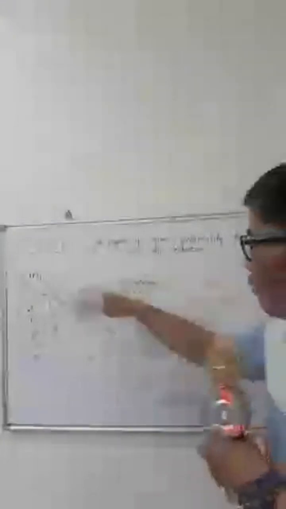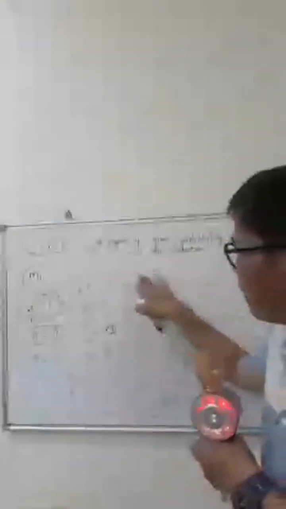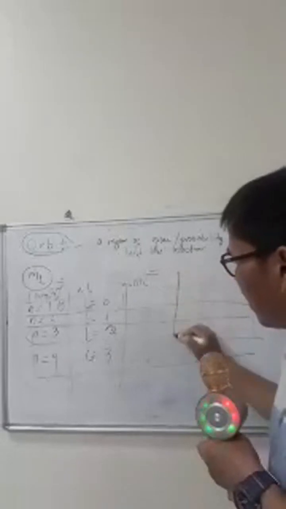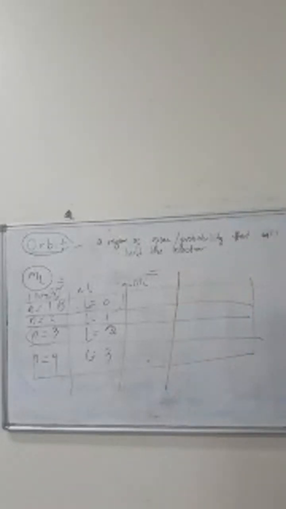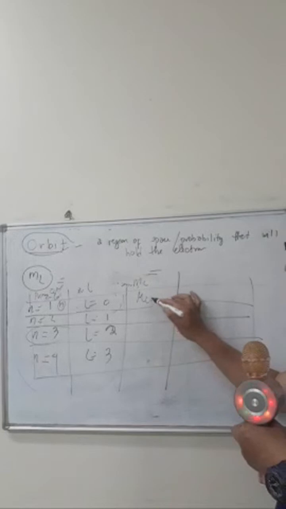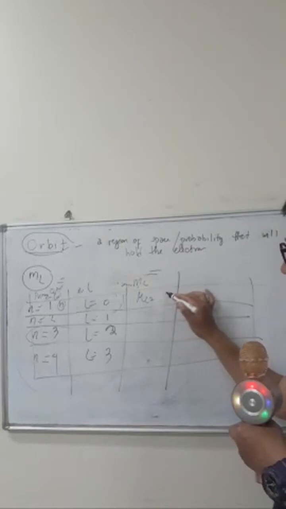Your answer will be 0. Okay, so now we go to the ML. Now go back to our present topic, ML. Now, L is equal to 0. Our ML also will be equal to 0 because it's not moving. Get the point?